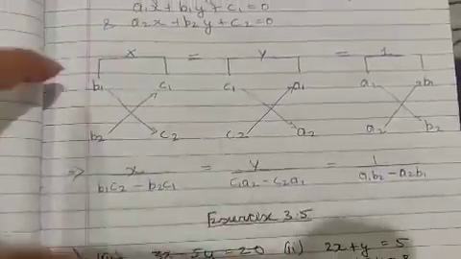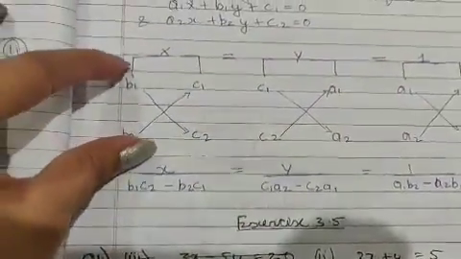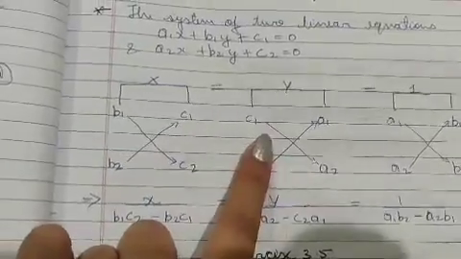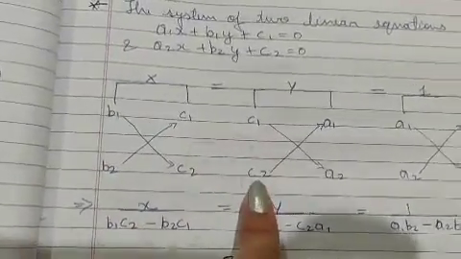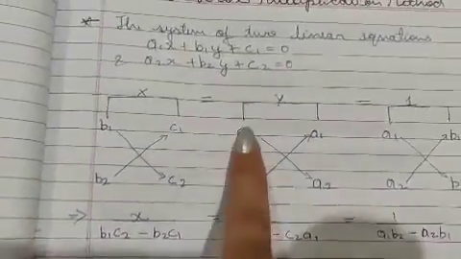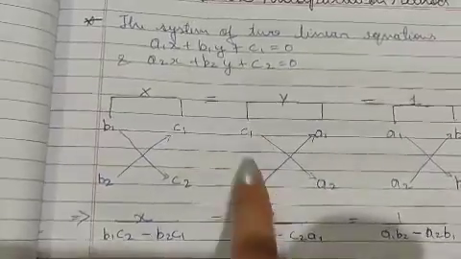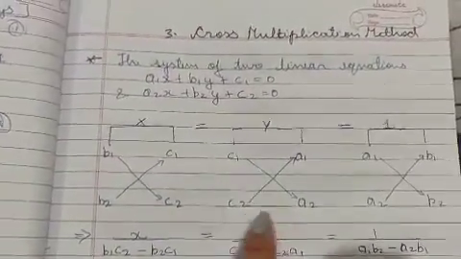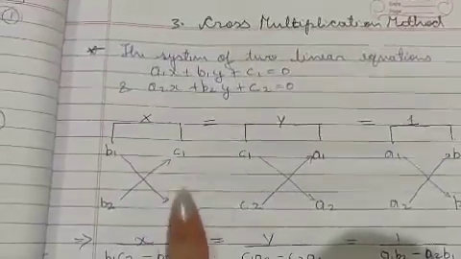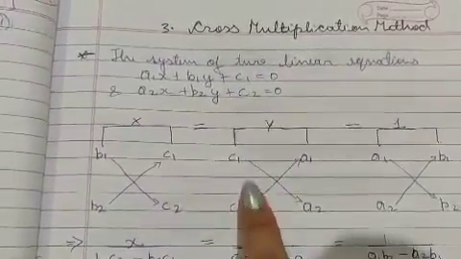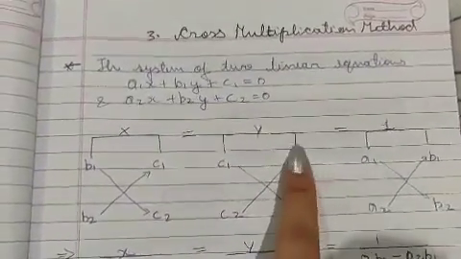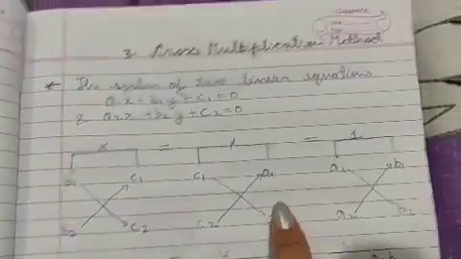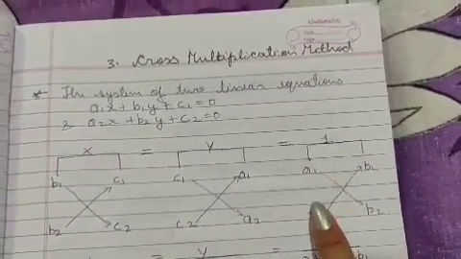Okay, and see, for the denominator of x, you have taken b1, b2, c1, c2, no? So for y you will start with c1, c2, because here x is ending with c1, c2. The denominator of y is ending with a1, a2, so for the constant term you will start with a1, a2.